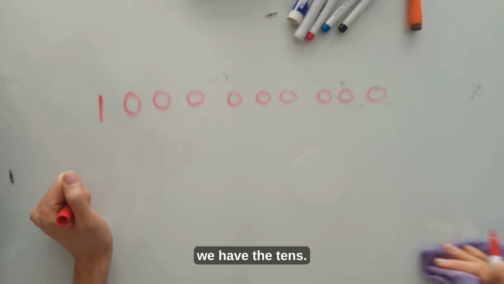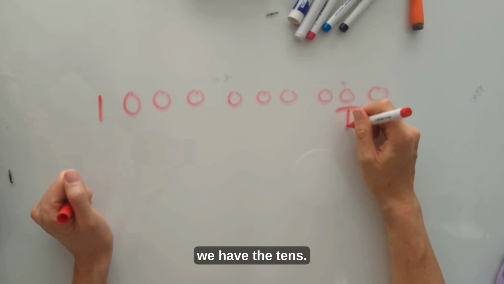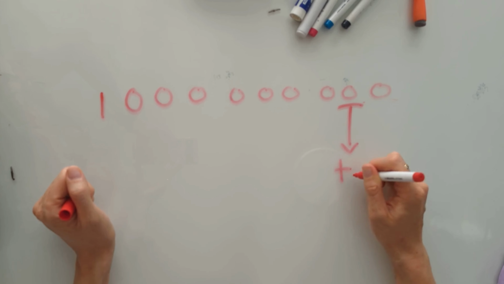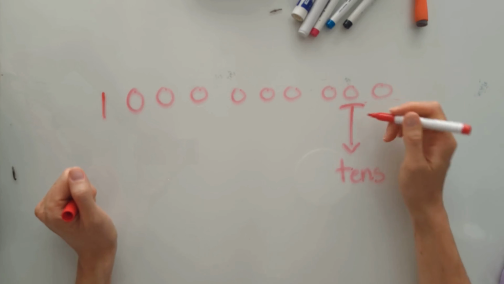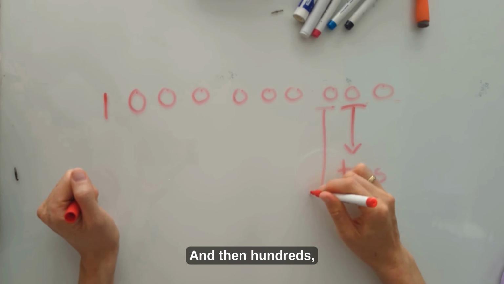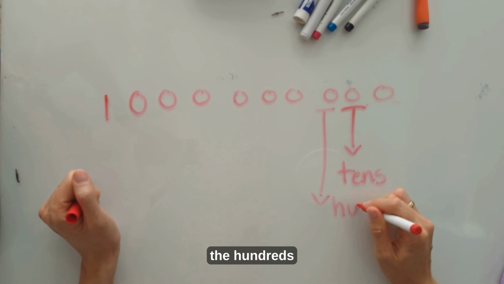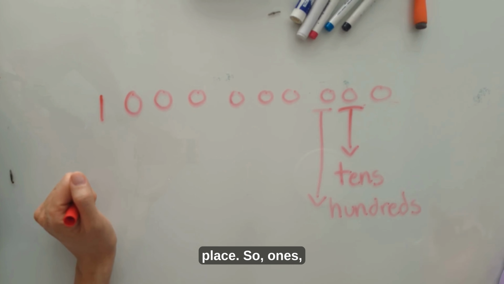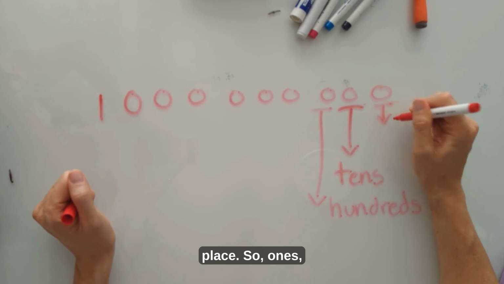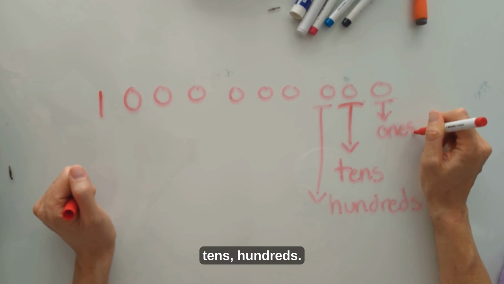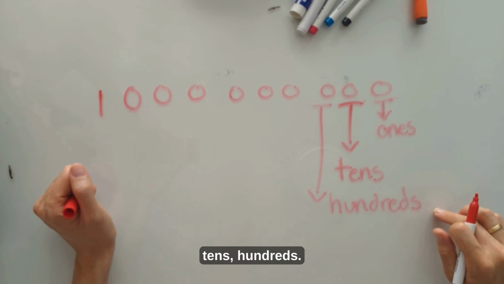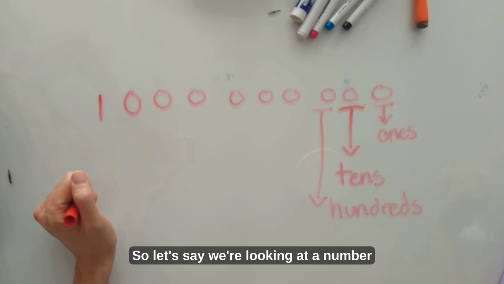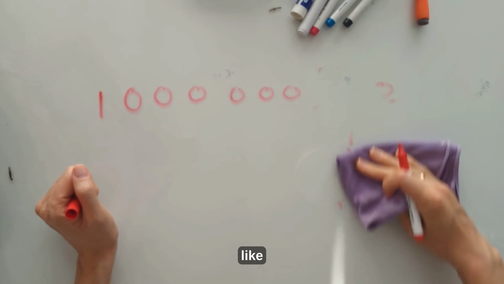Next, we have the tens. And then hundreds. The hundreds place. So ones, tens, hundreds.